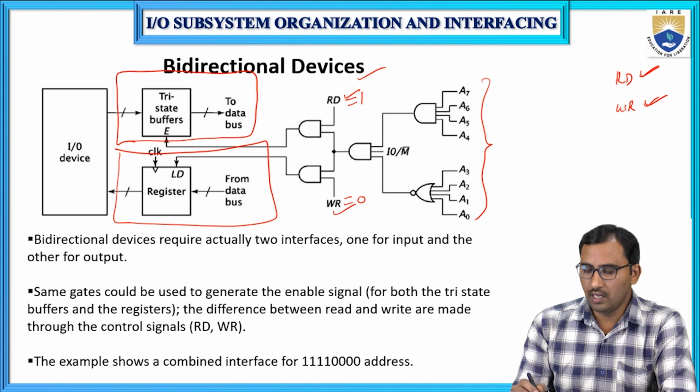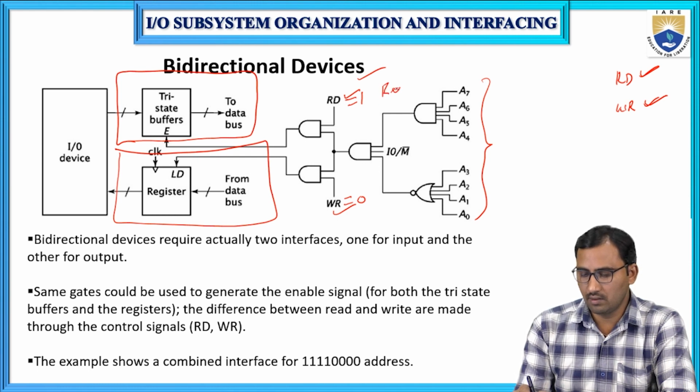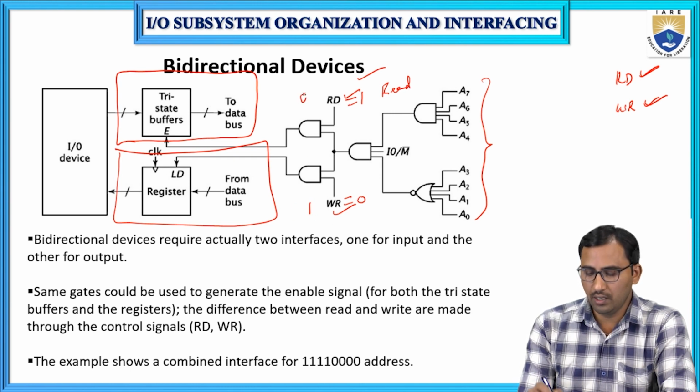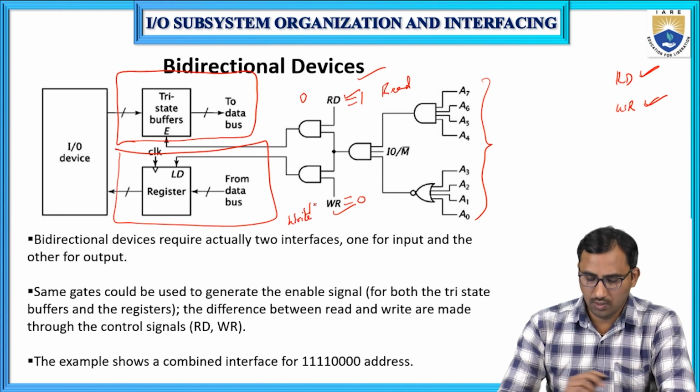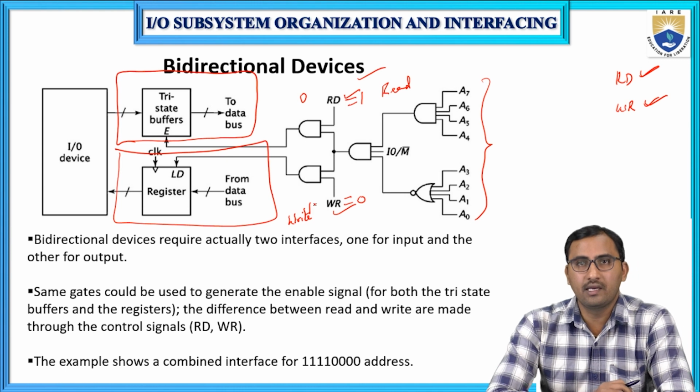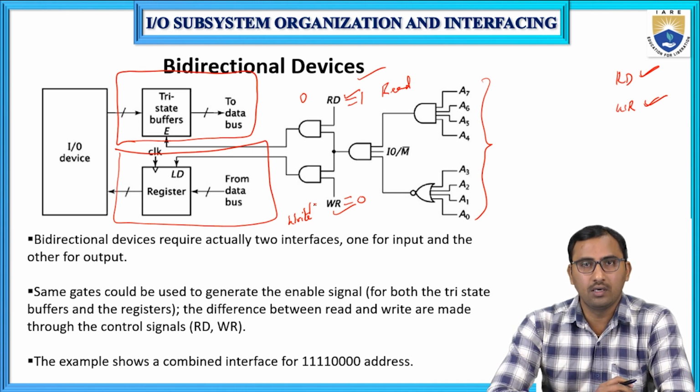Similarly, when we are performing a write operation, the write should be 1 and the read should be 0. In this way, we are interfacing input devices, output devices, and input-output devices with the CPU.